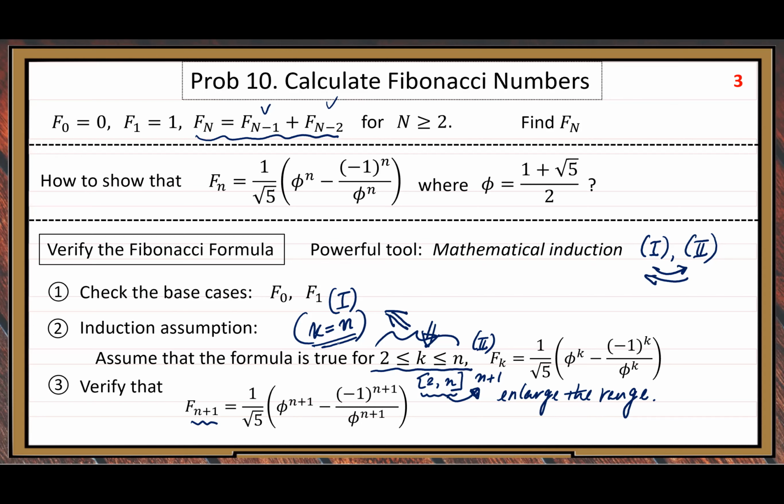But for some harder problems, the weaker tool is not good enough, so we have to switch to a more powerful tool. That is version 2, and that's what we are doing here. That's some background about mathematical induction.